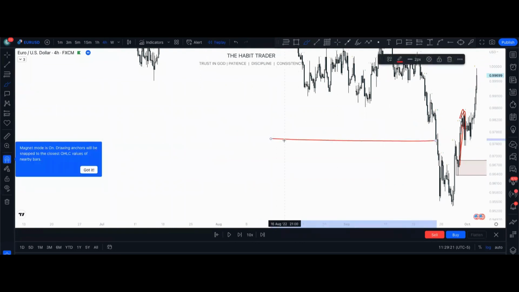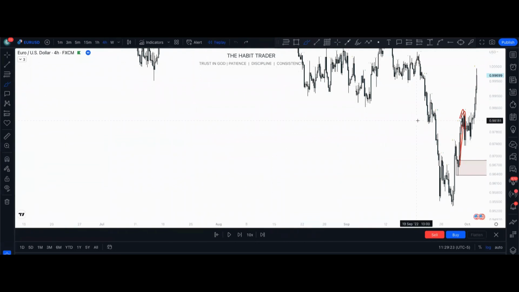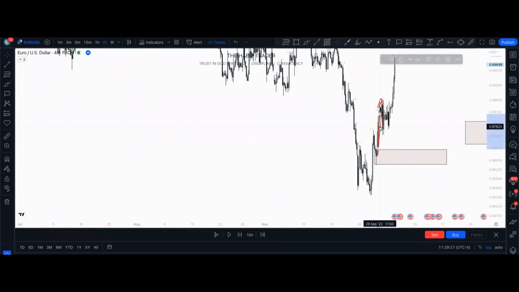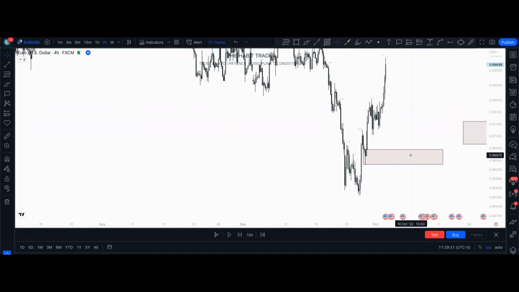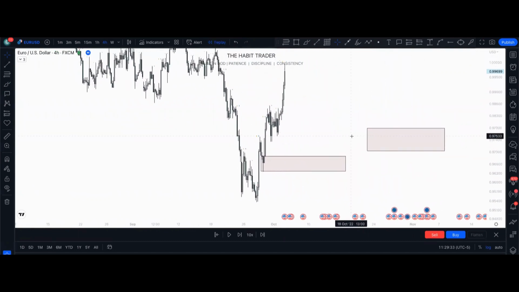Okay, let me just remove this one. So price really took time to have a bullish move and create another confirmation, that indication that the price is going up.